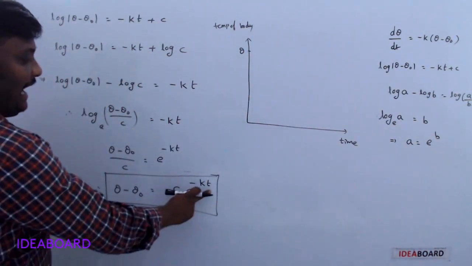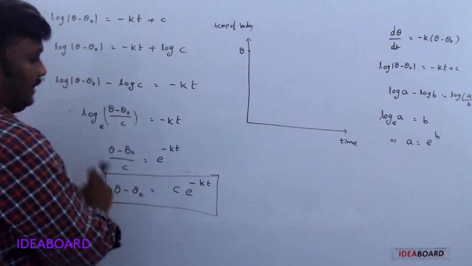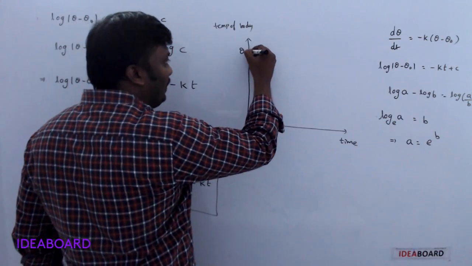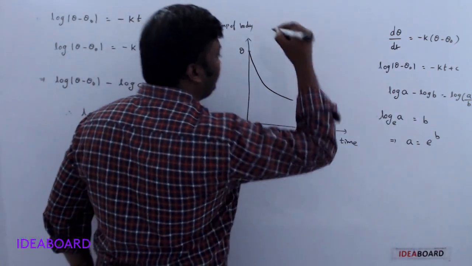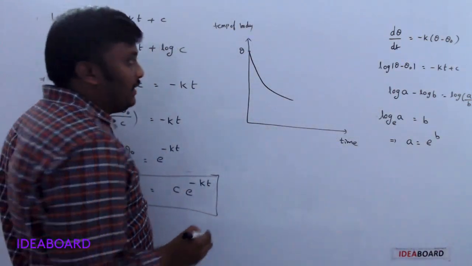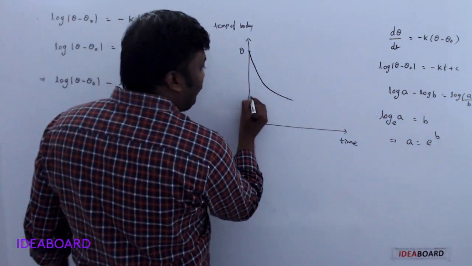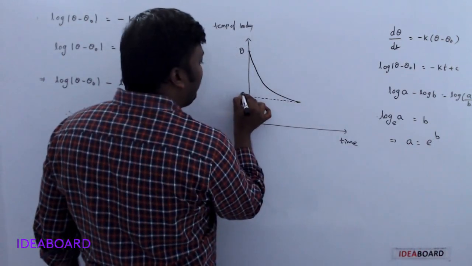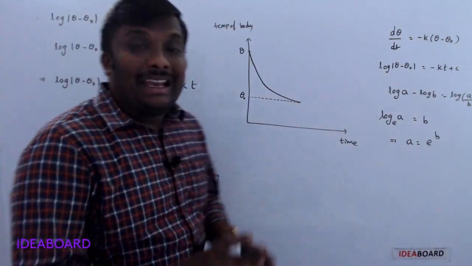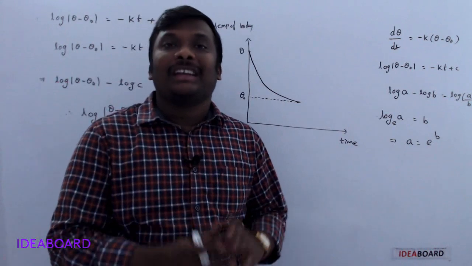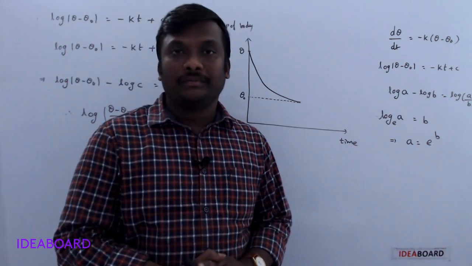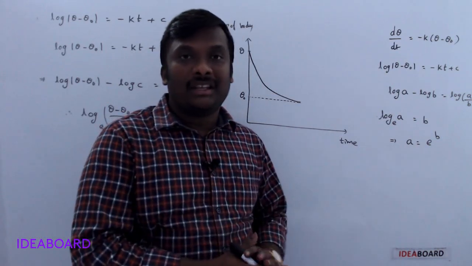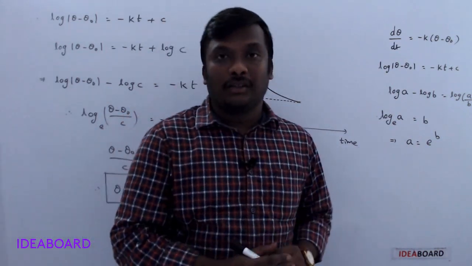Then what happens? As time increases, the temperature of the body falls exponentially. Exponentially means the graph will come like this. Understand now? So the temperature falls only up to the surrounding temperature. Lesser than the surrounding temperature, it is not possible to cool. Any body cools up to the surrounding temperature. Lesser than that, it is not possible.